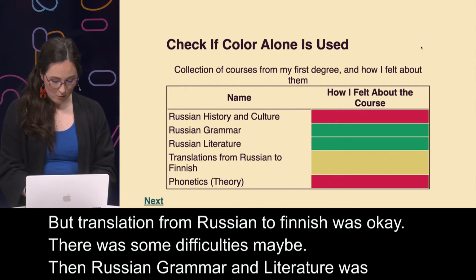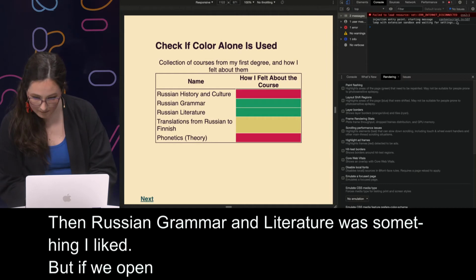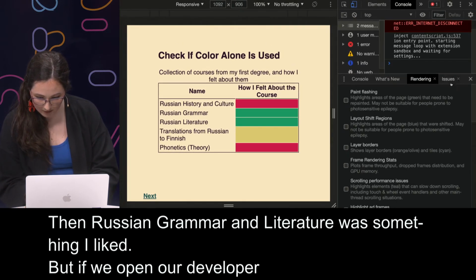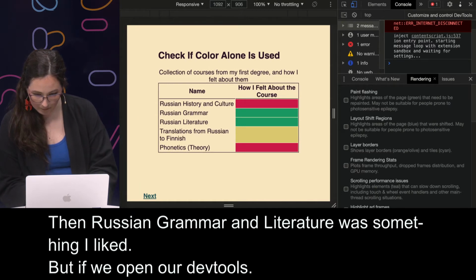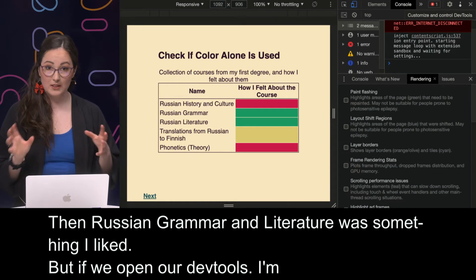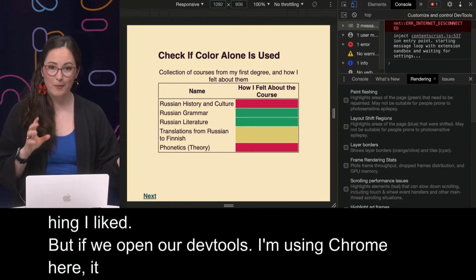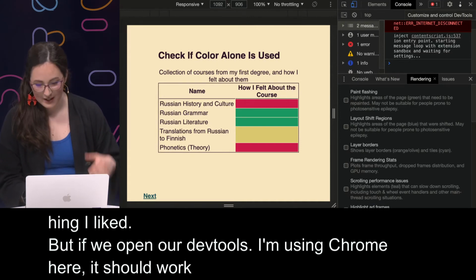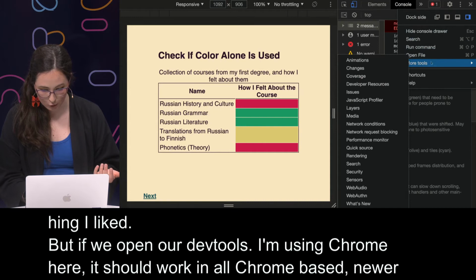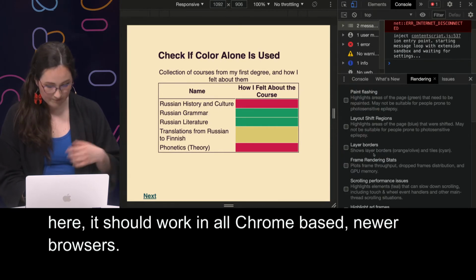But if we open our dev tools, and from dev tools, I'm gonna make it a little bit bigger, from customize and control dev tools. By the way, I'm using Chrome here, so this should work in all newer Chromium-based browsers. So customize and control dev tools, and then there is more tools, and in more tools there is rendering.